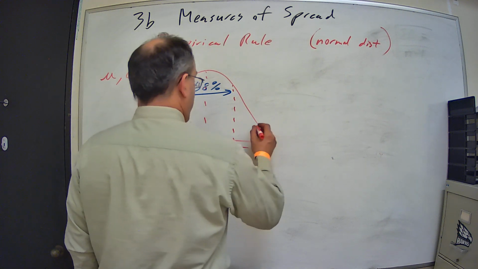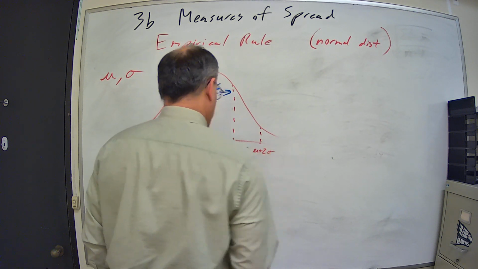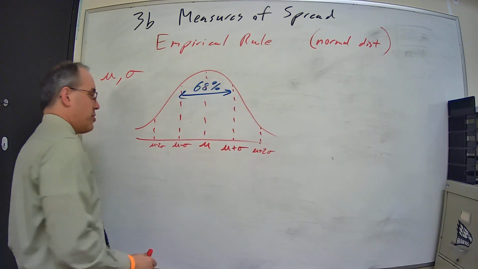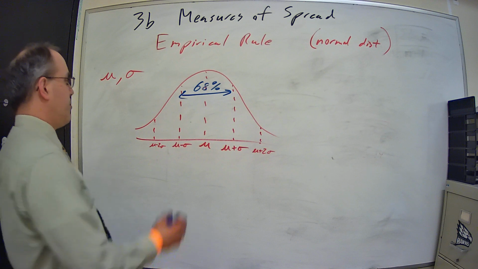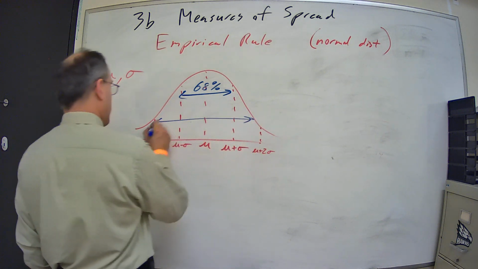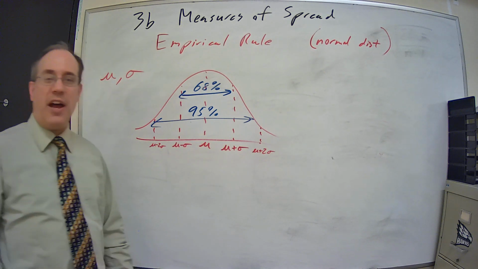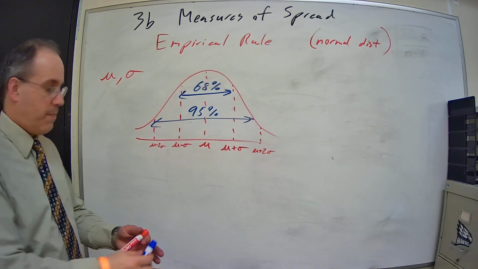If I go out another standard deviation, so I have mu plus 2 sigma and mu minus 2 sigma, so now I'm 2 standard deviations away from the mean, according to the empirical rule, that will include 95% of the data for any normal distribution.